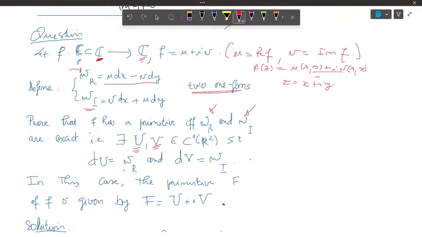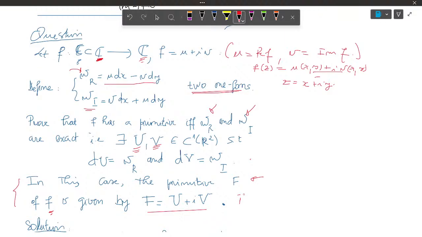This is what we have to prove. But when we are done proving this if and only if condition, the exercise also shows us that the primitive of small f, if we call it capital F, is going to be nothing else but u plus i v.